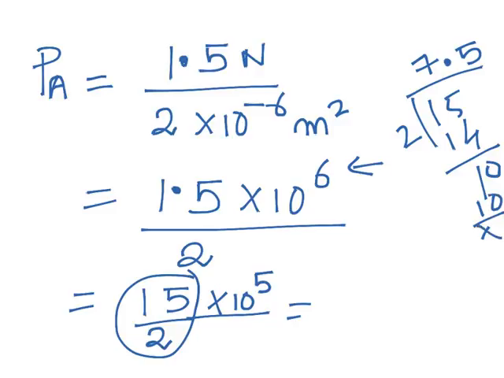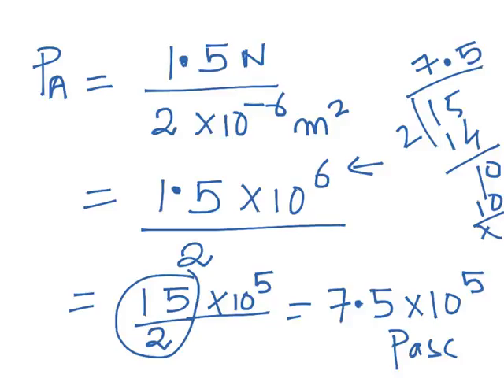So that is nothing but 7.5 into 10 to the power 5. What is the unit? Newton per meter square. What is that? Pascals. That's Pascal. Okay, so the pressure is 7.5 into 10 to the power 5 Pascal for nail A.